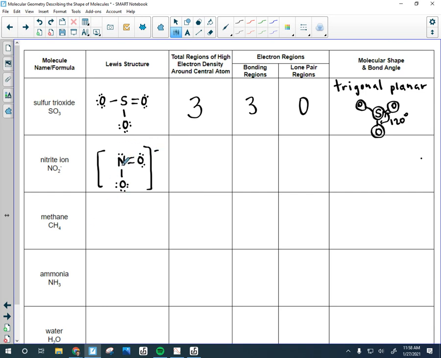So if I focus on my central nitrogen, I still have 3 regions of electron density. I have a bond, a second bond, and then the non-bonding electrons are also a region of electron density. So it's a total of 3, but now it's split between 2 bonds and 1 lone pair, so 1 non-bonding pair. Electrons here, here, and here.